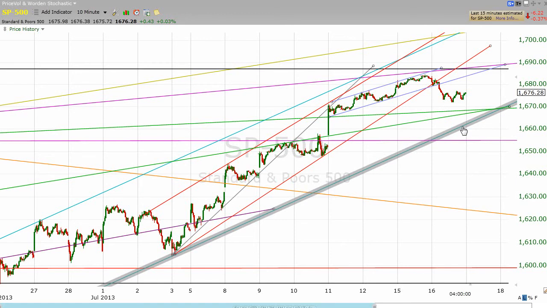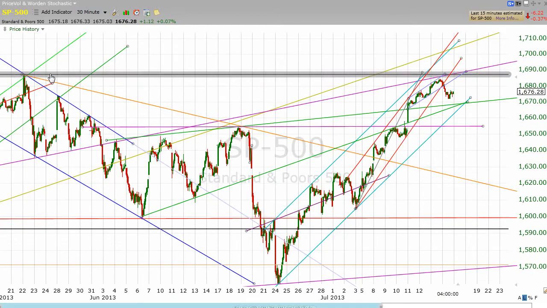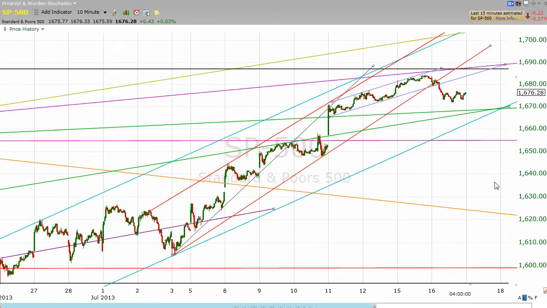So, we've been looking at this intraday high of about 1687 in the S&P, and you can see that goes back to the latter part of May, making mention of the fact that I would really expect there to be some resistance there. And it looks like we may be encountering just that. But I don't see any signs of any kind of major top going on here, at least not yet. That's not to say that we might not be forming a top.